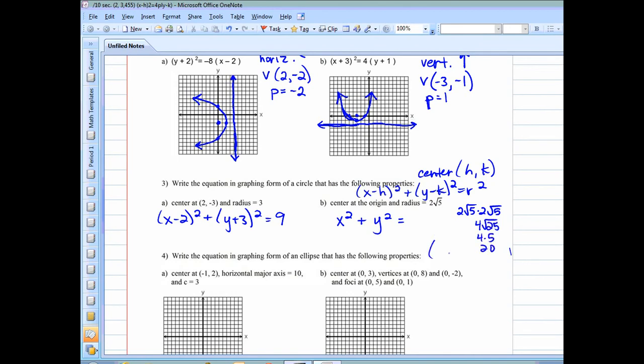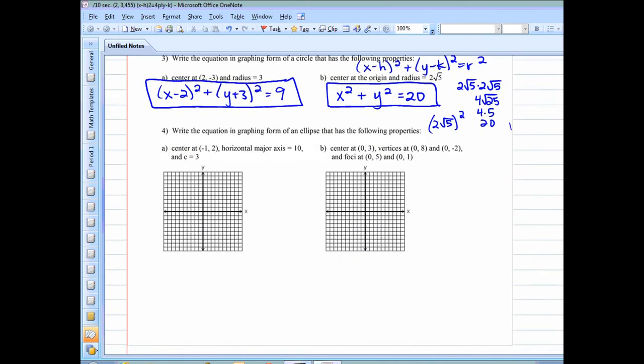Or I can type it into the calculator with a parentheses and the squared on the final outside part of it. So as long as I type it correctly, the calculator will work for me. But if I didn't put the parentheses around the whole thing, the whole 2 square root of 5, then it won't give me the correct answer.